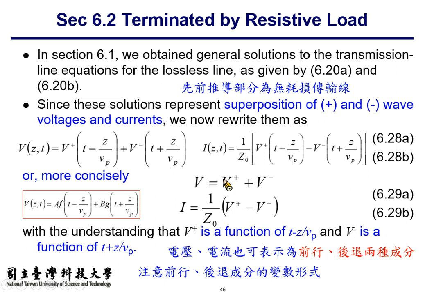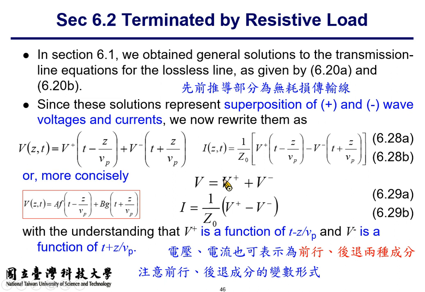So in 6.28b, the I plus and I minus signals are replaced with V plus over Z sub 0 and V minus over Z sub 0. So we use the voltage signal to represent the total current signal as well. We use V plus and V minus to describe both the voltage signal and the current signal.